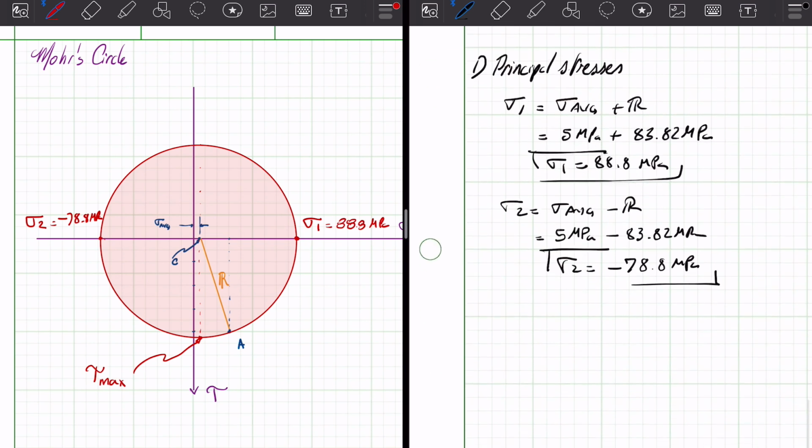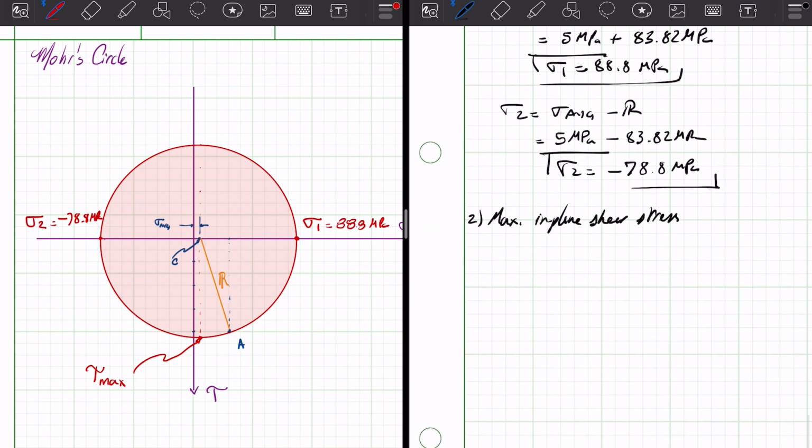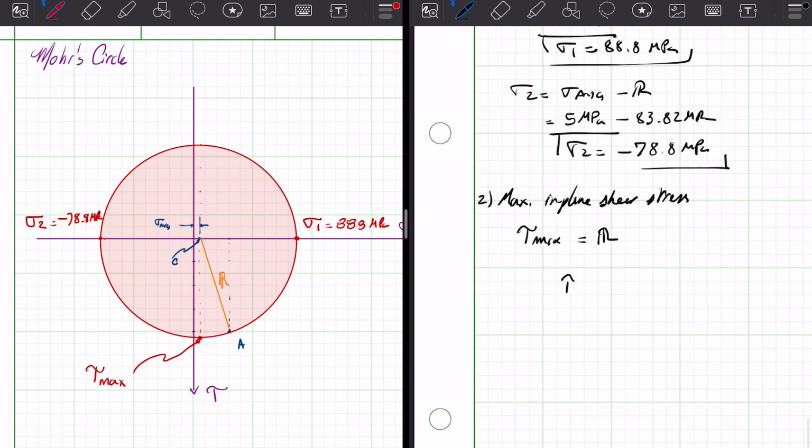Of course, if we find the maximum in-plane shear stress, I should say, then tau max is equal to my radius, and that is simply tau max being positive 83.8 megapascals.